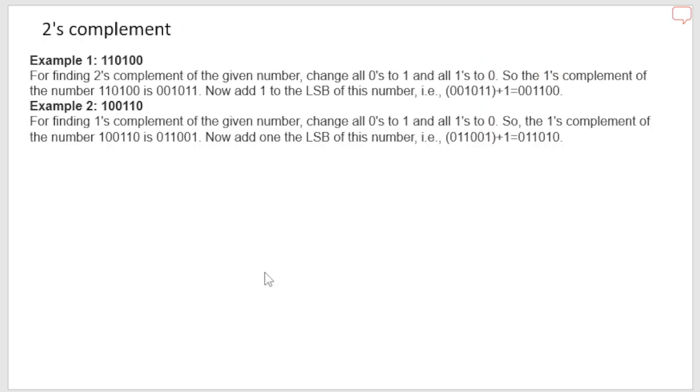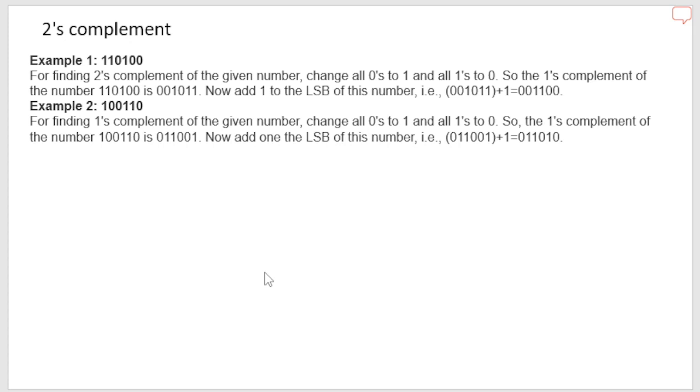So next, 2's complement. Just like 1's complement, 2's complement is also used to represent signed binary numbers. For finding the 2's complement of a binary number, we will first find the 1's complement of the binary number, then add 1 to the LSB, that is, the least significant bit of it.